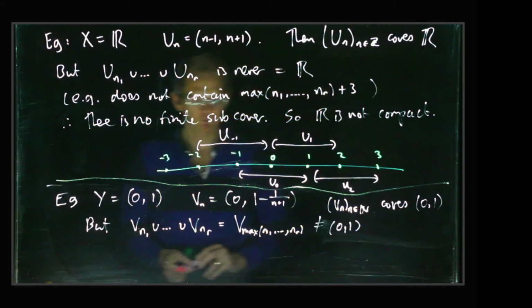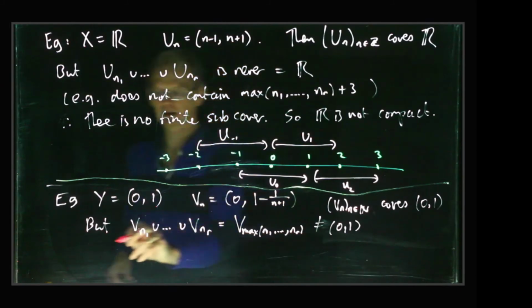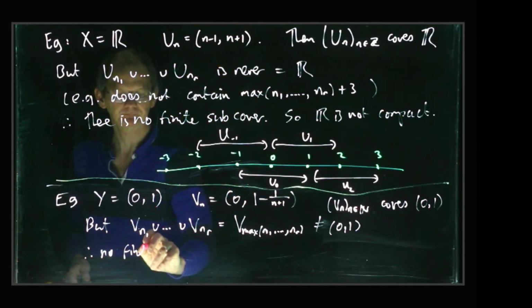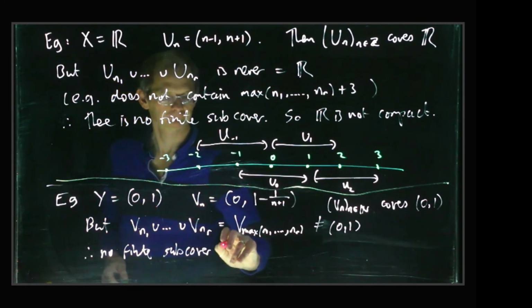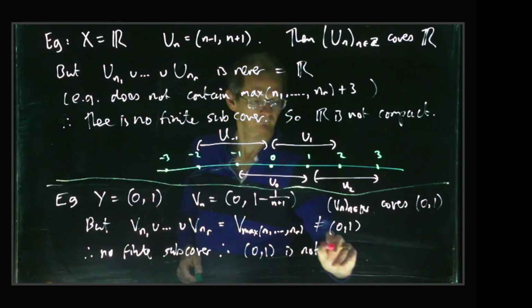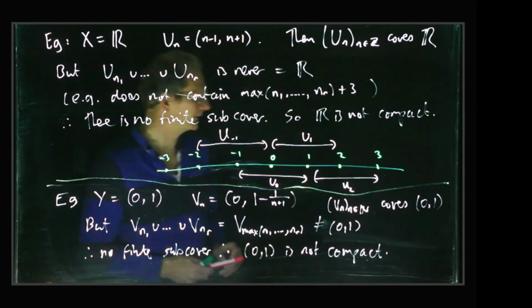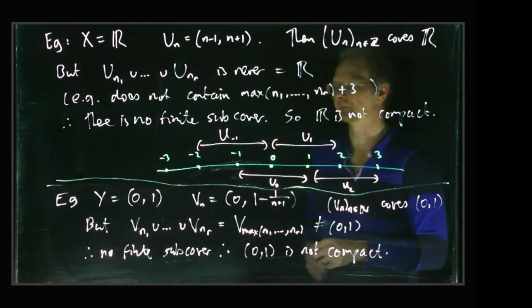Okay, so if we only use finitely many of the V's, then we don't cover the whole unit interval. So there's no finite subcover. The open unit interval is not a compact space.